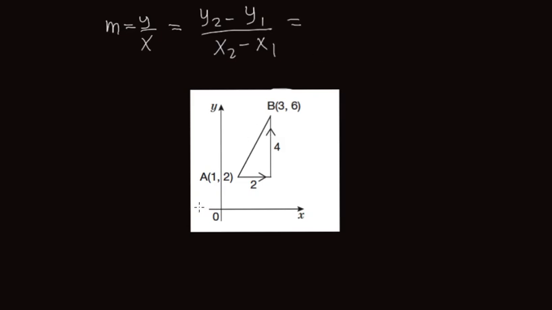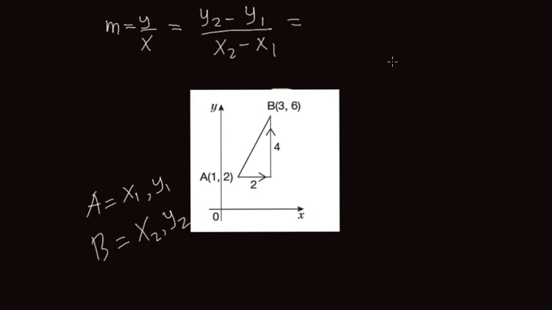Okay, now I set the condition for A. A is x1 comma y1, and B is x2 comma y2.